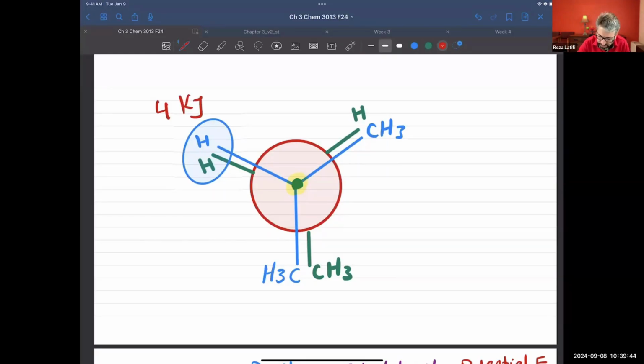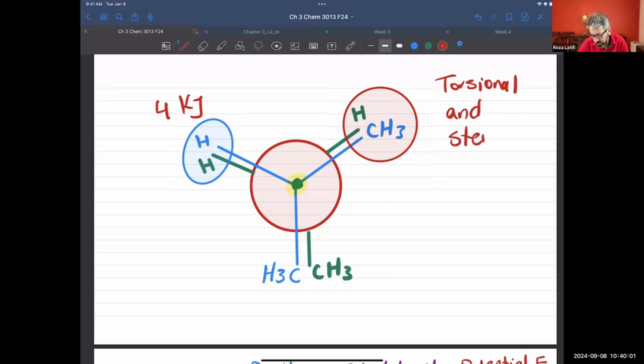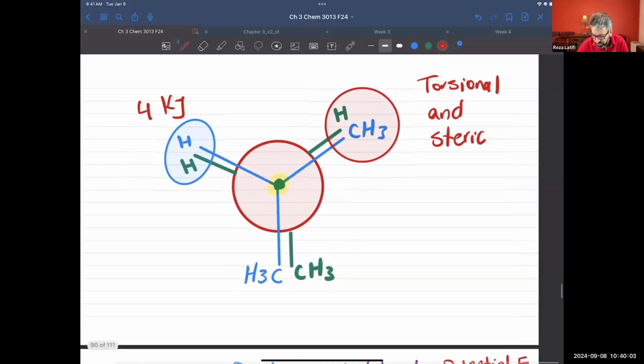Now, what will happen if I replace one of the hydrogens by a methyl? In that case, I'm going to get torsional and steric strain, and this one is going to cost me 6 kilojoules. The system is going to be unstable by 6 kilojoules.